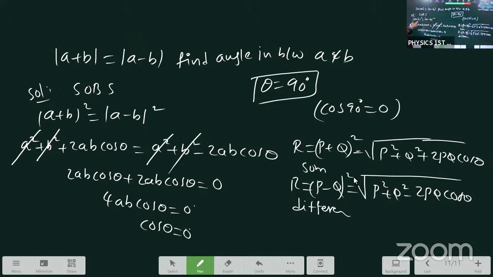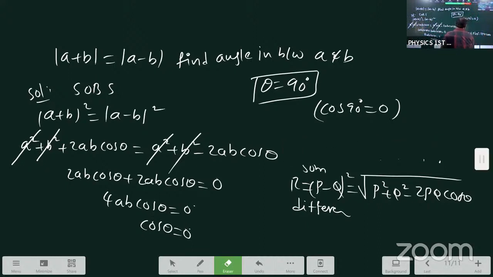So, A plus B whole square equals A minus B whole square. Left side: A square plus B square plus 2AB cos theta. Right side: A square plus B square minus 2AB cos theta. The two terms cancel each other. 4AB cos theta equals 0. Then what is the angle? Theta equals 90 degrees.